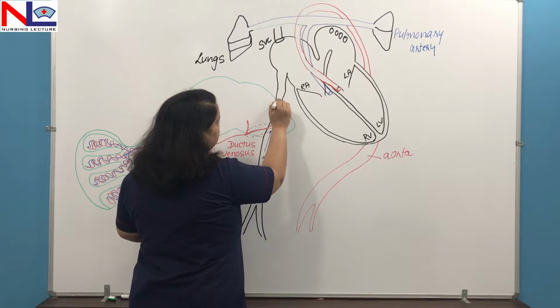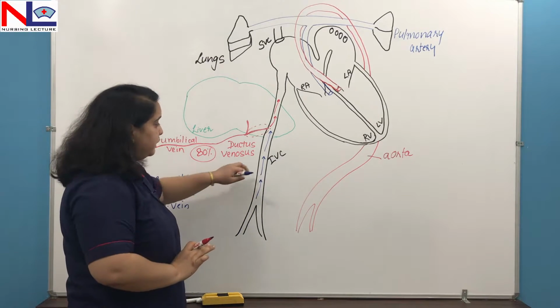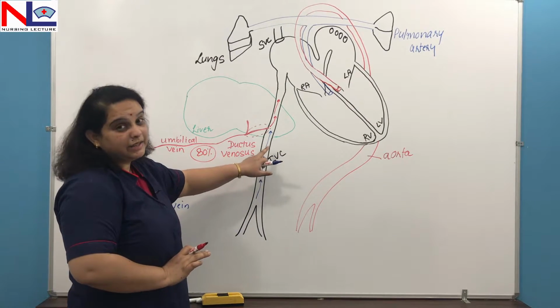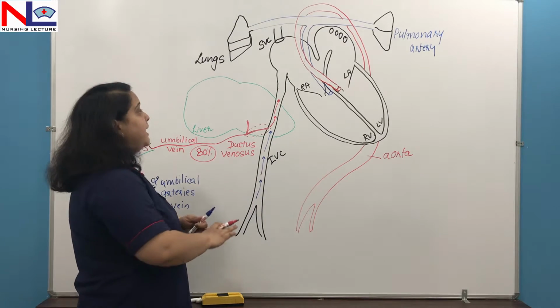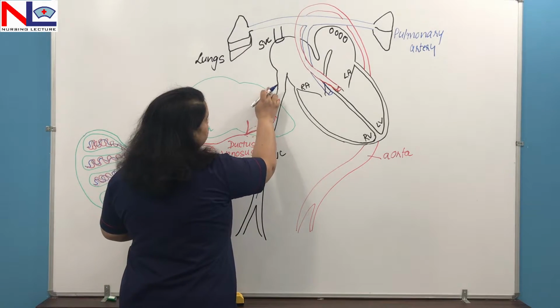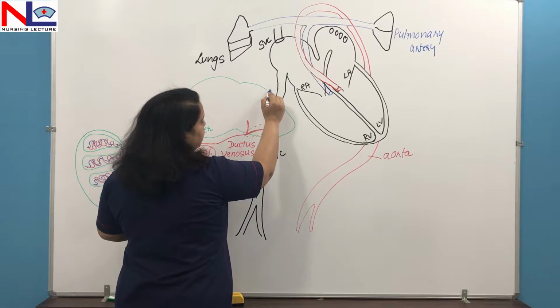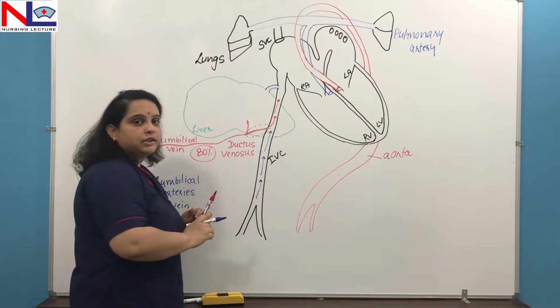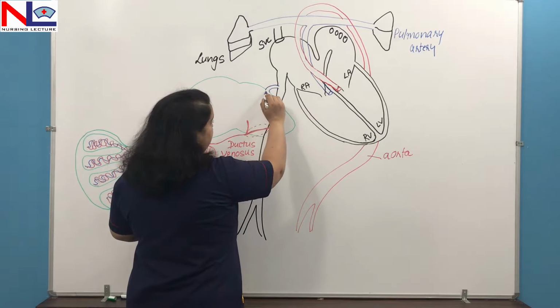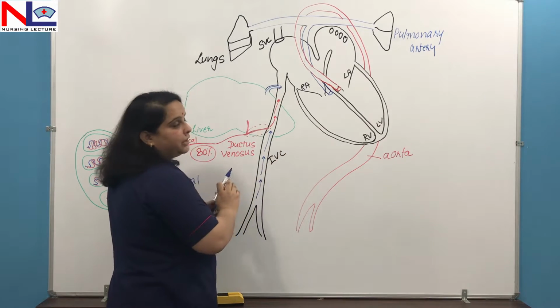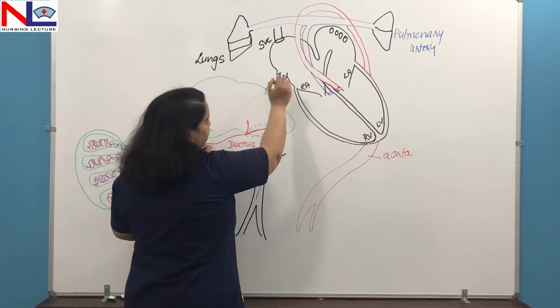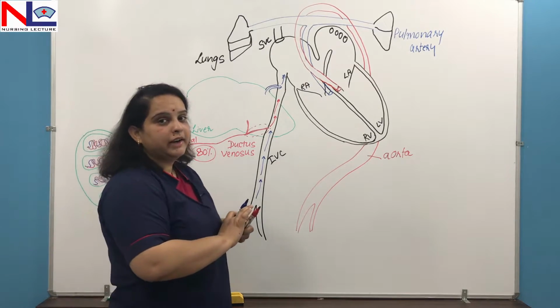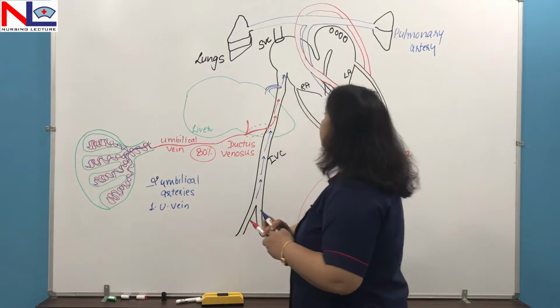The oxygenated blood. So here the oxygenated blood is mixed with the deoxygenated blood, right? And again from the liver the deoxygenated blood also enters this inferior vena cava through the vein. So again there is a mixing of oxygenated and deoxygenated blood, right?